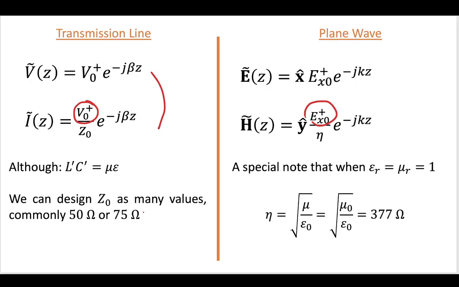Now, we should note for the transmission line that although we have L prime C prime equal to mu epsilon, we can design transmission lines for quite a few values. 50 or 75 ohms are common ones. However, for plane waves, we note a very special case, which is that when we have relative permittivity and permeability equal to 1, we get this special intrinsic impedance of free space.